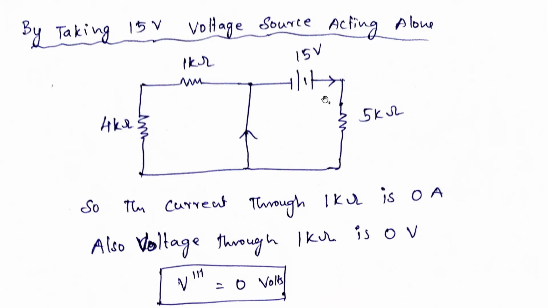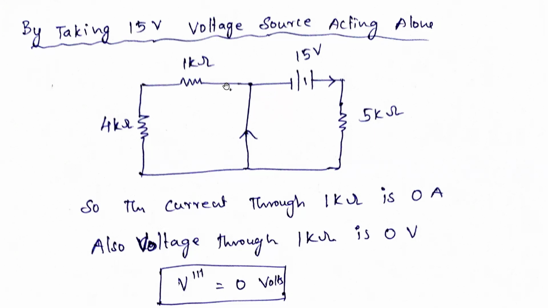Here you see, it is short circuited. The voltage source will supply like this. Here 15 volts is there. If it is short circuited, does any current flow to this 1 kilo ohm?